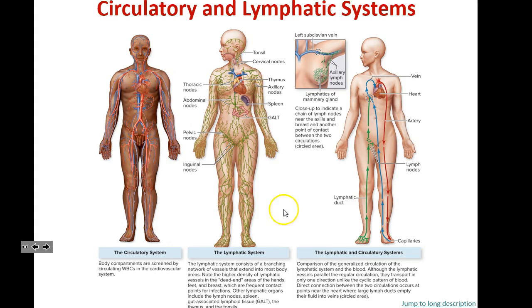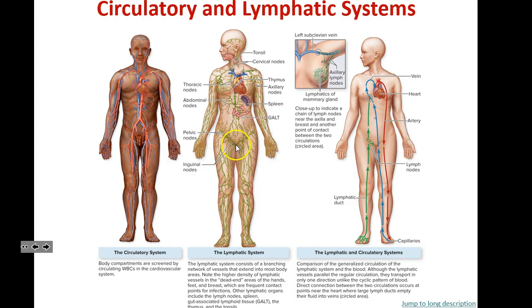Here's the first picture of the circulatory system, where body compartments are screened by circulating white blood cells in the cardiovascular system. Then we have the lymphatic system here. You have tonsils, cervical nodes, thymus, thoracic nodes, axillary nodes, the spleen, GALT, inguinal nodes.